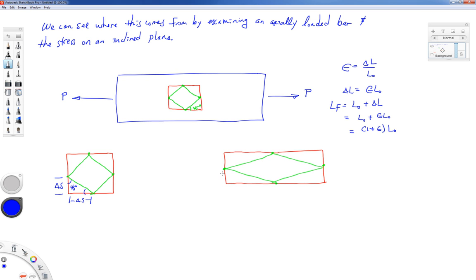So the new length of this triangle, it stretches out in the x direction. It's going to be the distance delta S times 1 plus epsilon x. And on this side, it's going to be delta S times 1 plus epsilon y.